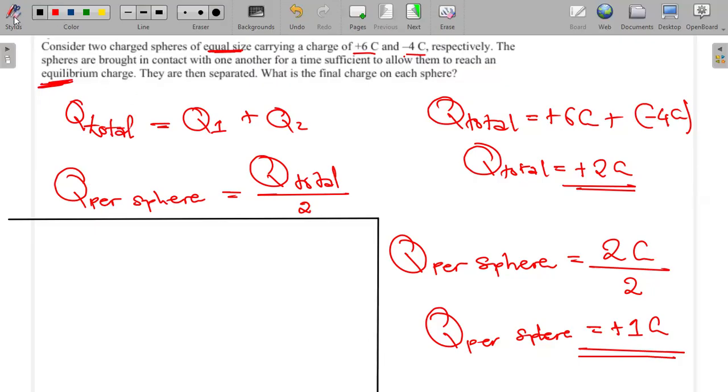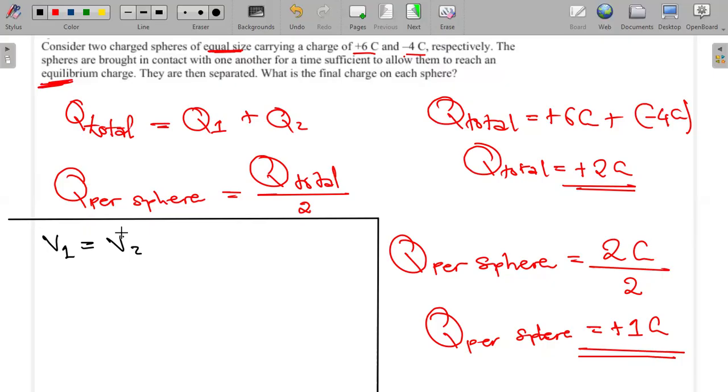So once the spheres, not the charges, are of different sizes, in order for us to reach equilibrium, what does that mean? That means V1, which is the voltage, should be equal to the voltage V2.